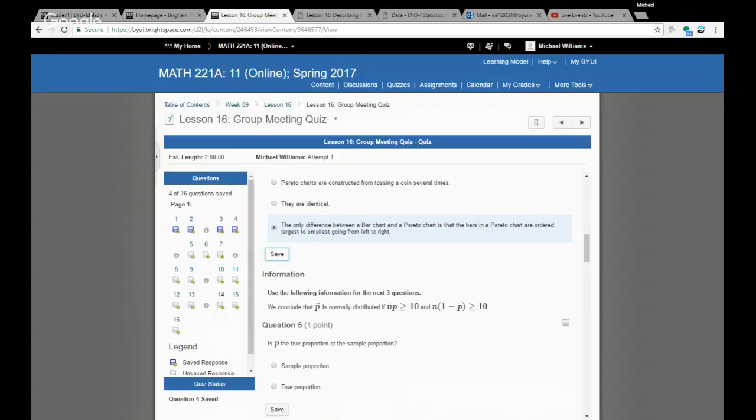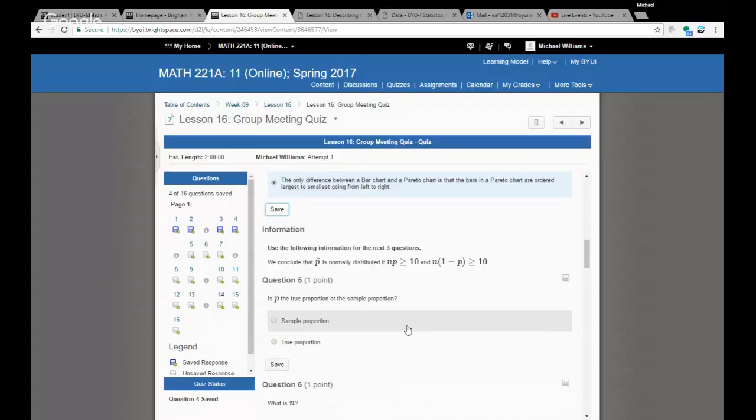We conclude that p hat is normally distributed if n times p is greater than or equal to 10, and so on. Question: is p the true proportion or the sample proportion? P is the true proportion, right? Yes.